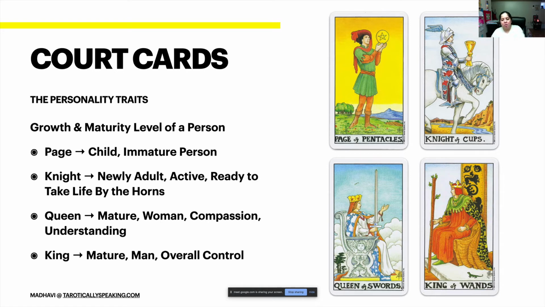In certain situations, the same person, we are very mature. So it's not illogical. It does make sense. Depending on the situation, you can bring out different aspects of yourself, and that's what these court cards are depicting, really.